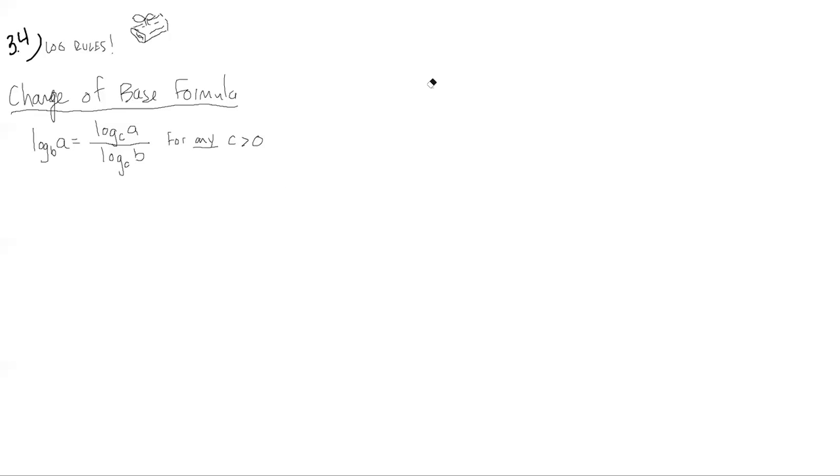So I'm just going to do an explanation of where this equation comes from, why it's true. It's a little different than the other explanations. I have to do a bit of a different trick here. I'm going to let x equal log base b of a. Now I'm going to rewrite this as an exponential.